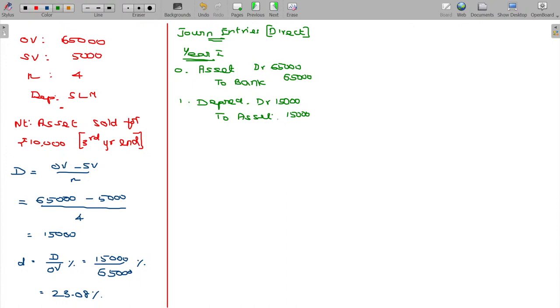The depreciation is an expense, right? Hereafter not required to carry over to the next year. So the P&L account we transfer pannirom. So it should be debited to the P&L account. P&L account debit to depreciation. The value being 15,000.